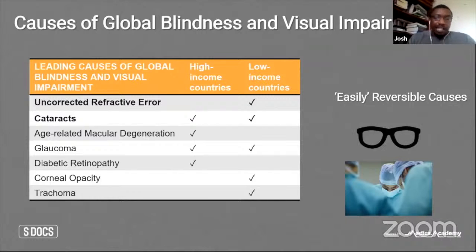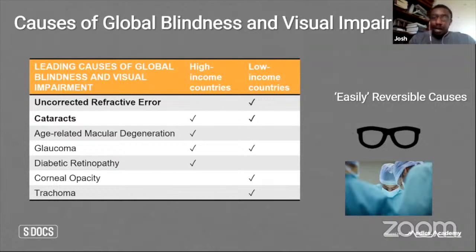Cataracts as well, I've classed as an easily reversible cause because, although you do need surgery to fix cataracts, cataract surgery is quite well known for being efficient. It's very cheap surgery to do. The benefits you get from cataract surgery are a really well-known public health model of being economically efficient, because the person has their sight regained through the surgery, and they're able to not have falls.